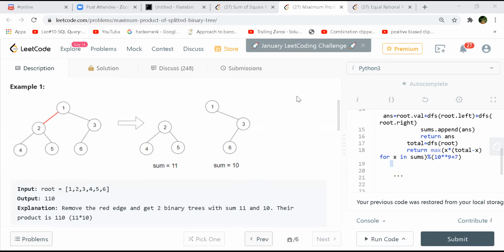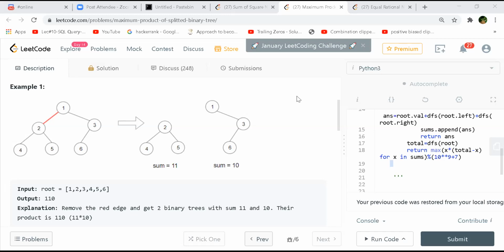So when we are doing a post order to calculate the first sum of the whole tree, at that time itself, we could get it for all other subtrees also. And then when we have all the values, maybe there is extra space that you're using.